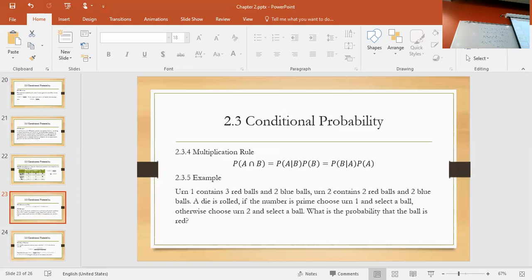So here you will have 1 over 2 times 3 over 5. Here you will have 1 over 2 times, which is okay.